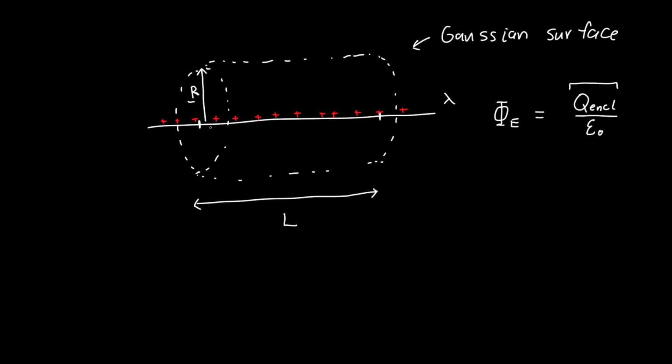It intersects the line charge at these two planes here, which cover a distance L. So the charge enclosed is just going to be the charge per unit length, Q over L, if you like, times the length. And so this has the right units. This is our charge enclosed by our cylindrical surface.